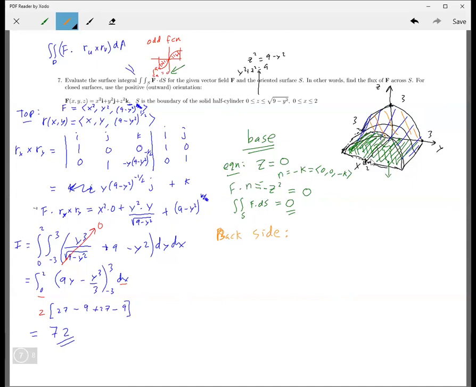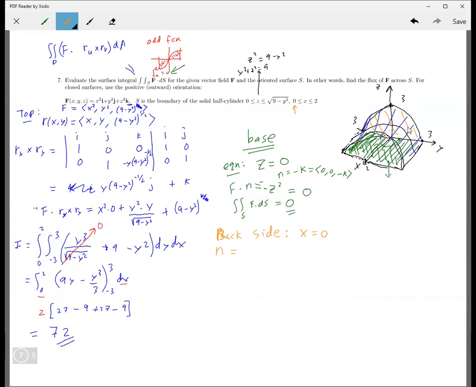By the way, it's this part of the equation right here. It's x equals 0. That is the back side. And what would the normal be?